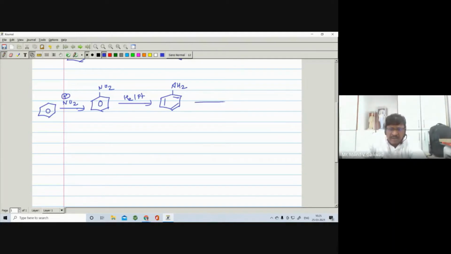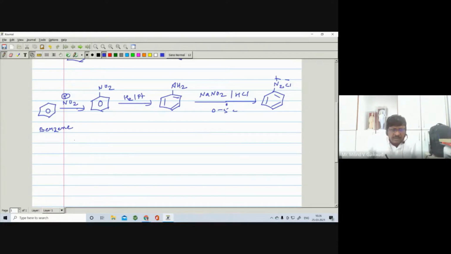And this aniline, when treated with NaNO2 in the presence of HCl at 0 to 5 degrees centigrade, undergoes diazotization and converts into benzene diazonium salt, giving N2 plus and Cl minus. So we can convert benzene into nitrobenzene, nitrobenzene into aniline, and aniline into benzene diazonium salt.